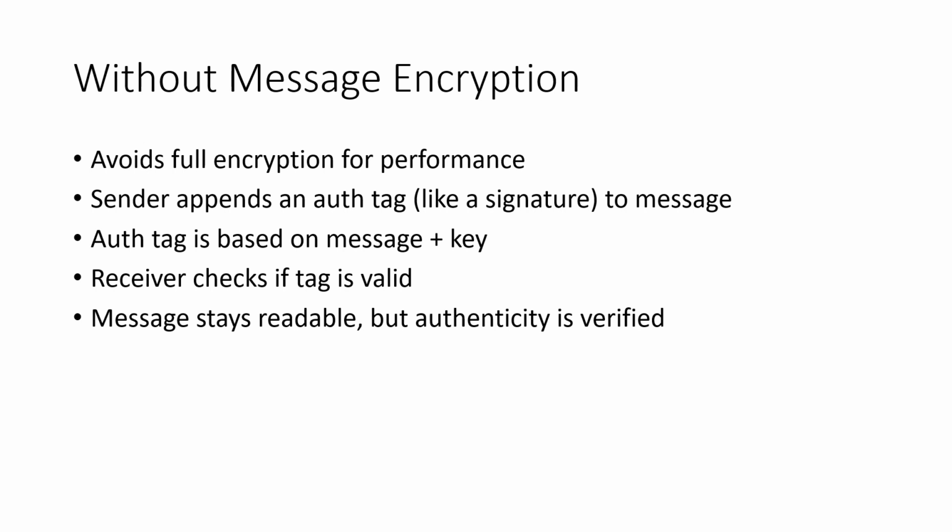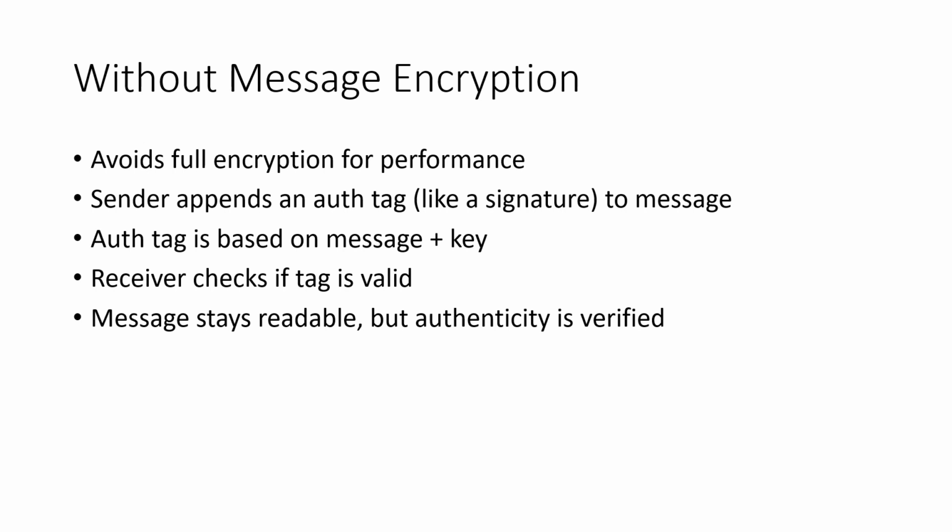Now, sometimes we don't care if the message is visible. We just want to be sure that it has not been tampered with and it came from the right sender. In such cases, encrypting the whole message is a bit of an overkill. Instead, we use a lightweight technique. The sender computes an auth tag, which is a short piece of data derived from the message and a secret key. This tag is sent alongside the plain message.